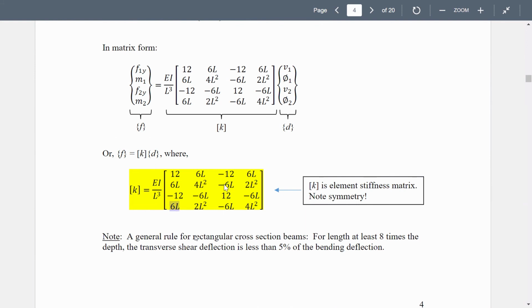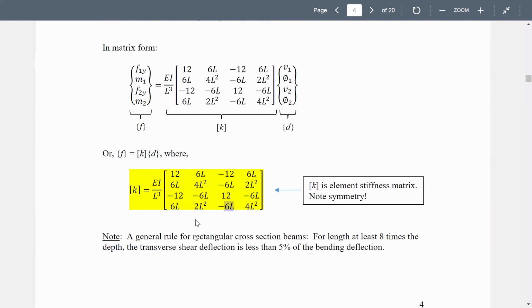I'm marking this term, for example, negative 6L, the same negative 6L. You see 2L squared here, and 12 squared here. It is negative 6L, negative 6L. So yes, it is symmetric, and it plays an important role in finite element methods.